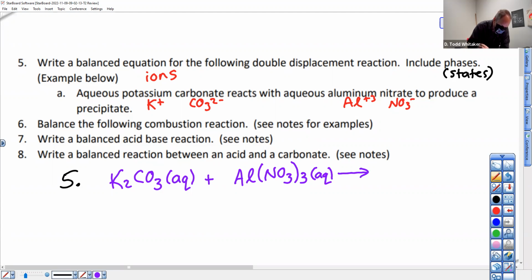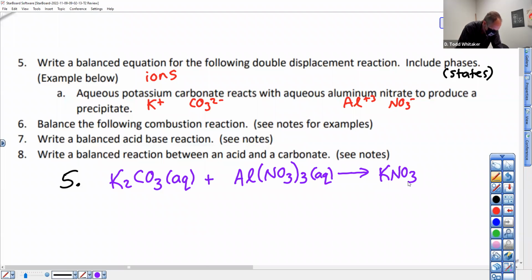Now you cross over to get K plus with the other anion. K plus with nitrate. Cross them over and tell me the formula when K plus meets NO3 minus. KNO3. Every nitrate is water soluble. How did I know that?